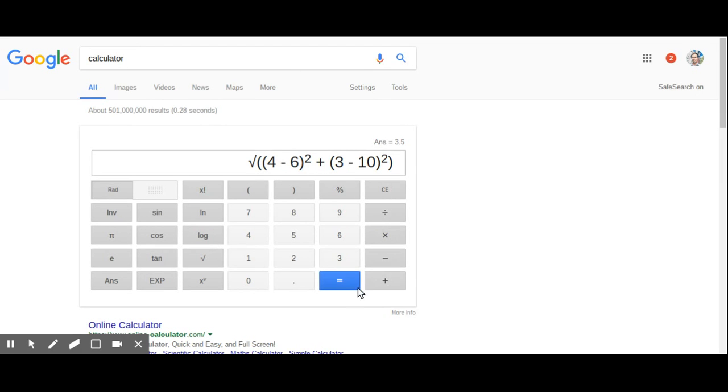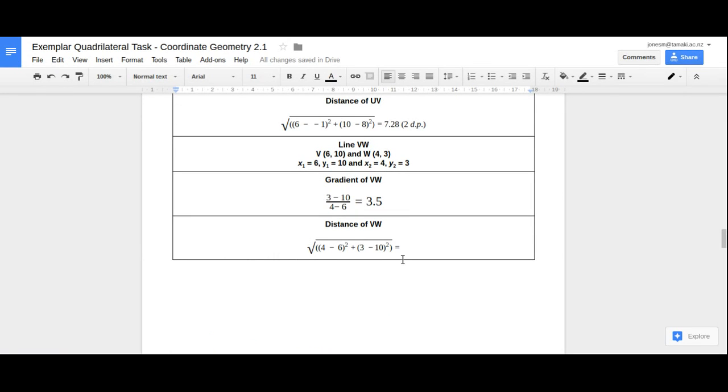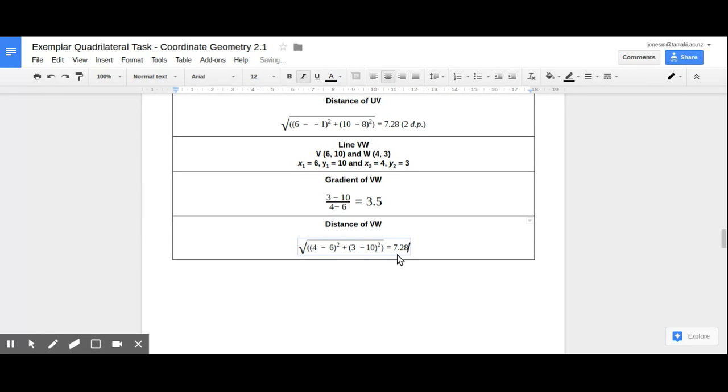So that equals 7.28. Or, is that correctly rounded? Yes, 7.28 to 2 dp. So that's equal to 7.28 to 2 dp.